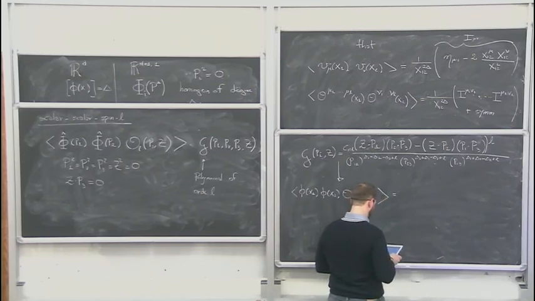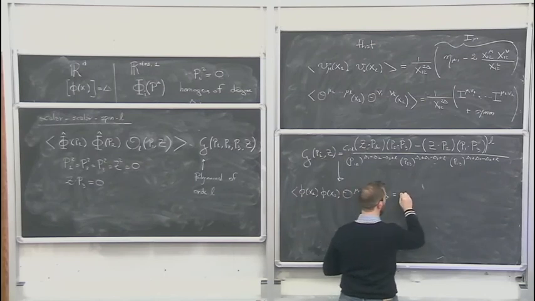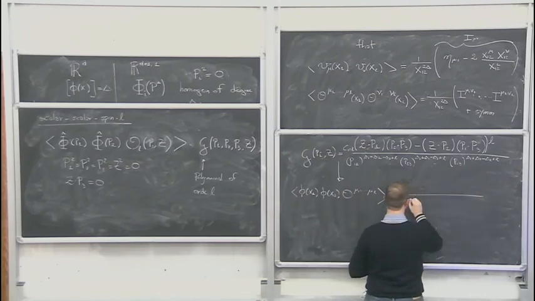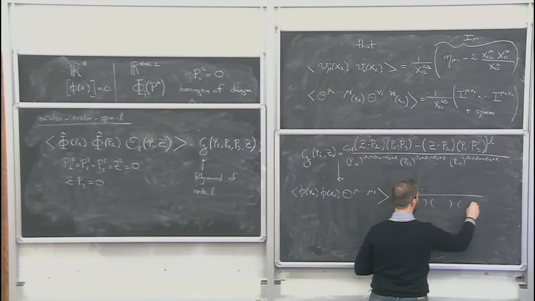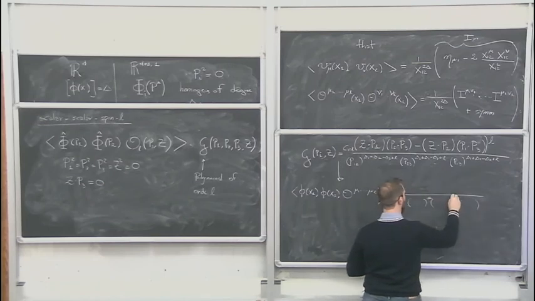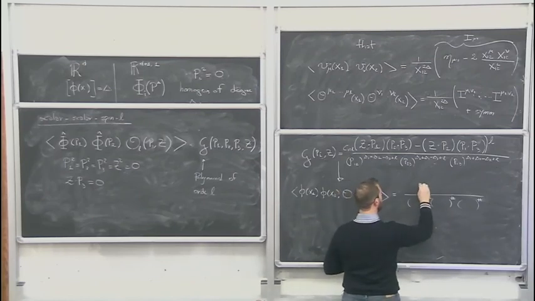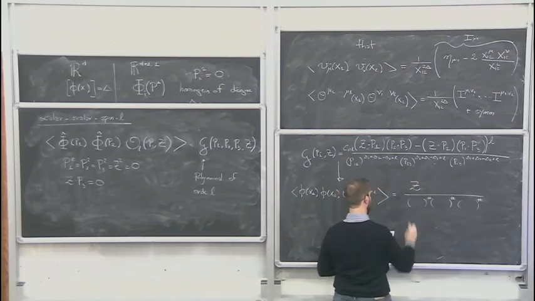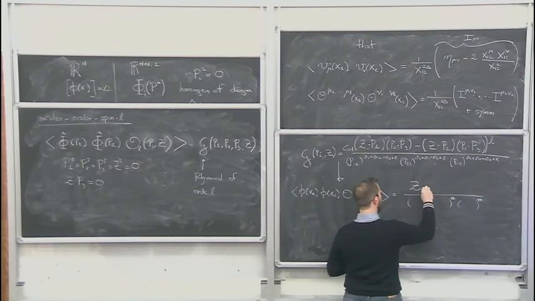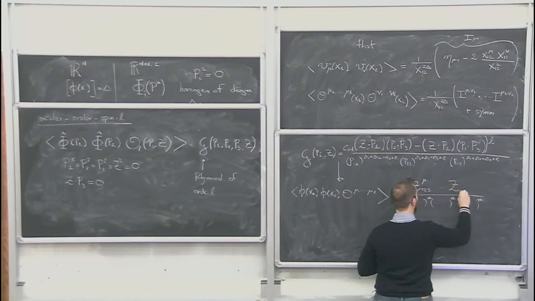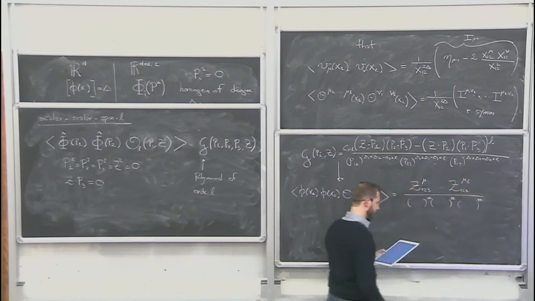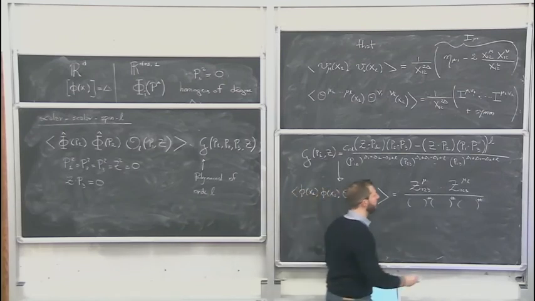So this will have a very simple form. There is the usual denominator, which I'm not going to write. And then at the numerator, we have a vector Z 1,2,3 mu1, and so on, minus traces.